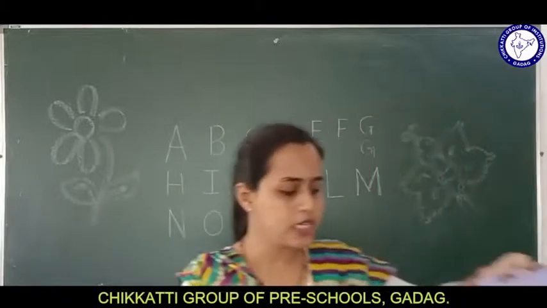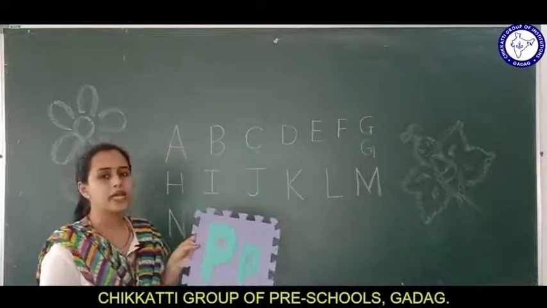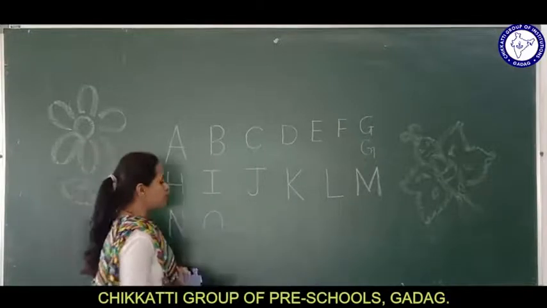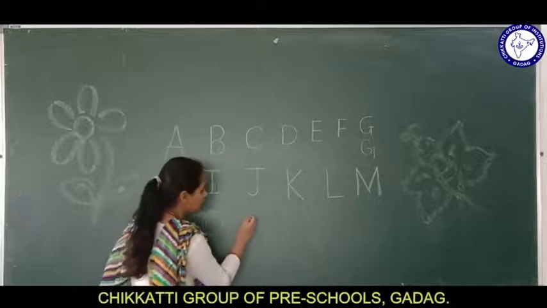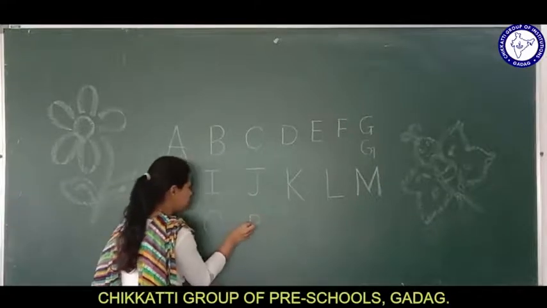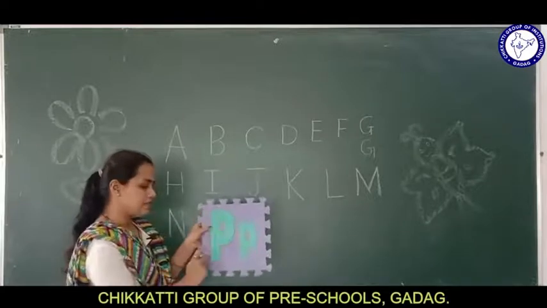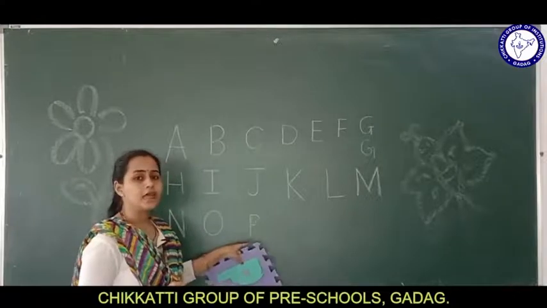So here the next letter is P. How to write P? Standing line and a little curve. Here we go with what? P. What does the P say?